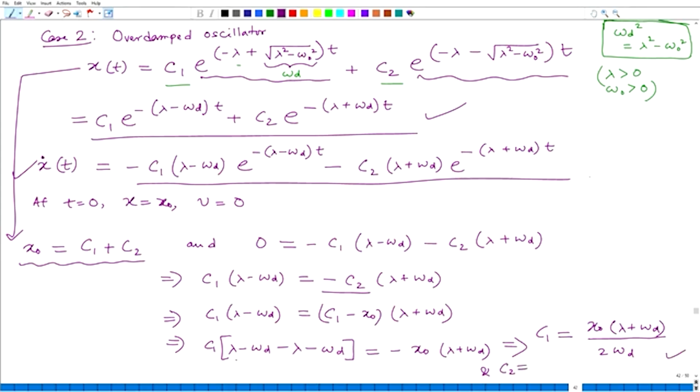Similarly, you can also find C2 equal to minus x0 (lambda minus omega d) by 2 omega d. So finally, you are all set to write the general solution, already knowing the arbitrary constants of integration in terms of the initial conditions.